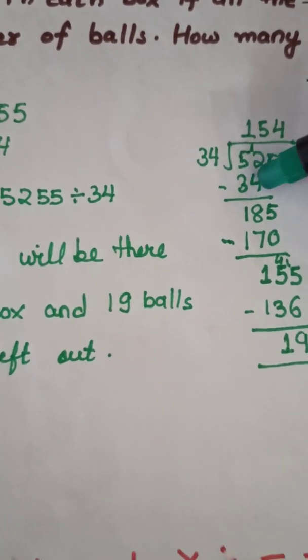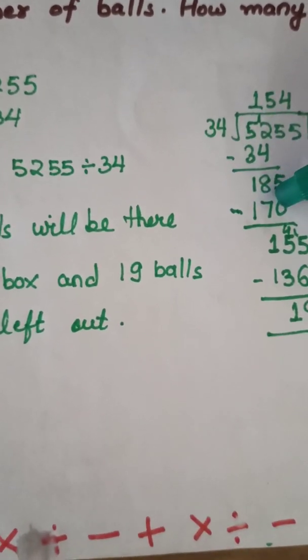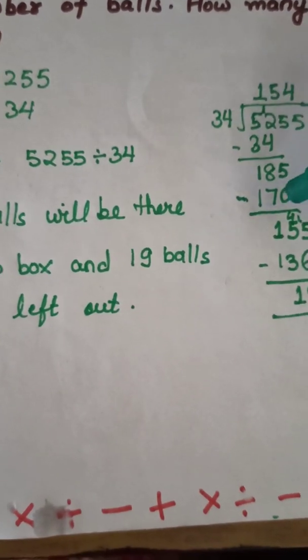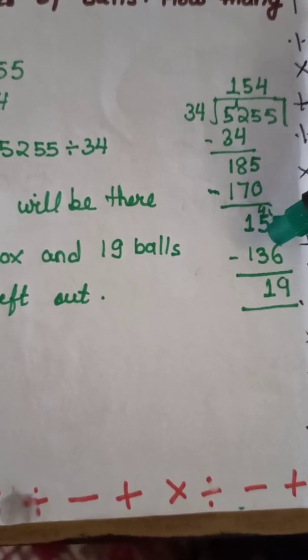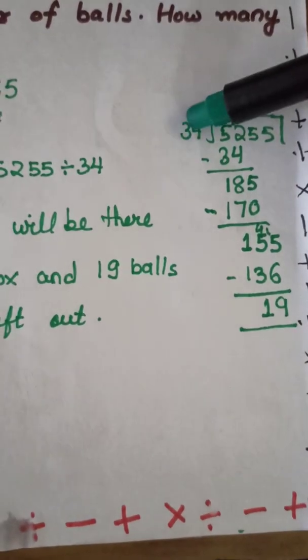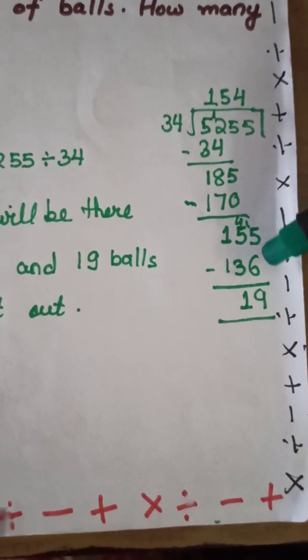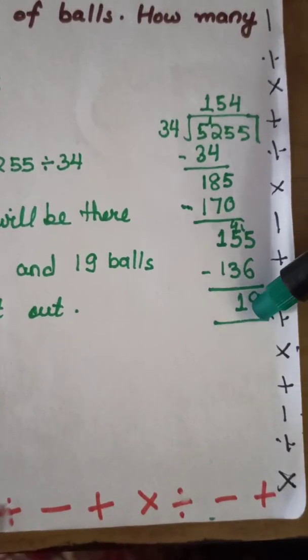34 ones is 34. After subtracting these two numbers we get 18. Then we write this 5 over here. Then 34 5s are 170, and after subtracting these two numbers we get 15. Then we write this 5 over here. Now 34 4s are 136. Then we subtract these two numbers again and we get 19 as the remainder.